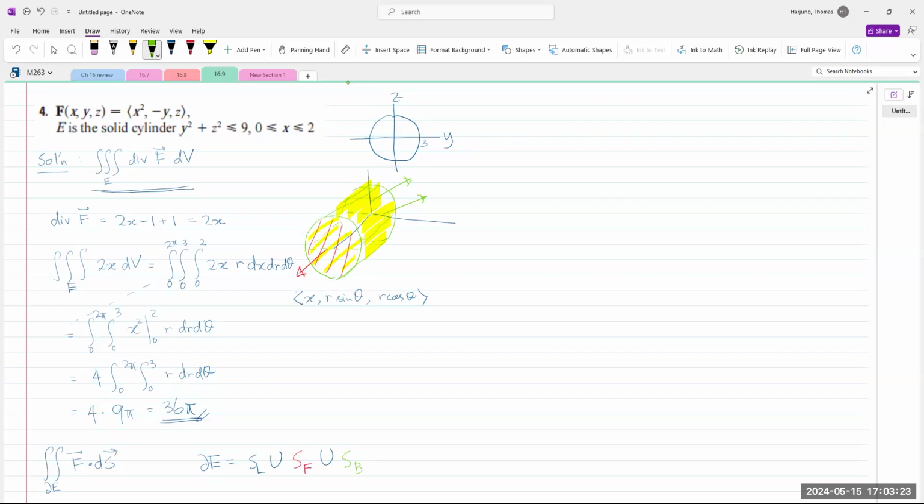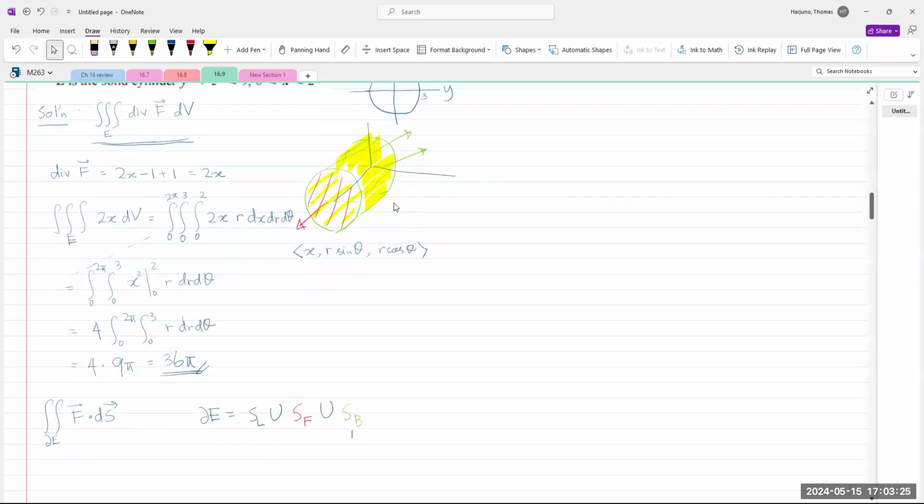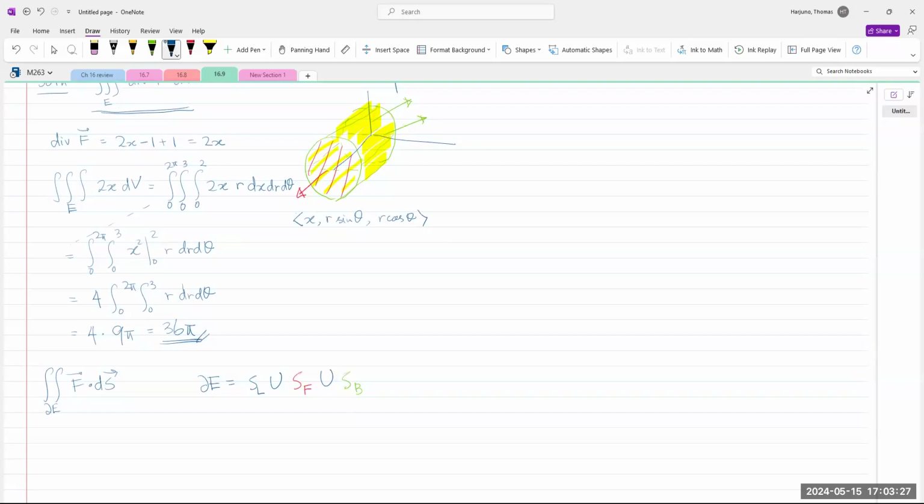And we need to parameterize one by one, right? Okay, let's do the front one first. The surface at the front is x equals 2, and the normal vector to it, because it's facing forward, will be 1, 0, 0.